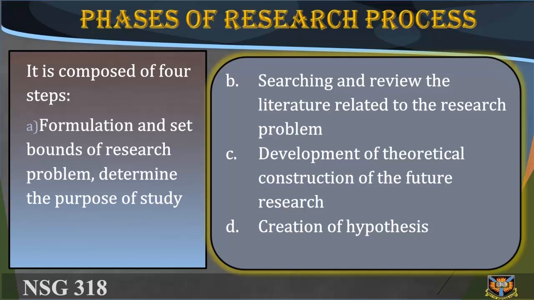It is composed of 4 steps: formulation and setting bounds of the research problem, determining the purpose of the study, searching and reviewing the literature related to the research problem, and development of the theoretical construction of the future research, including creation of the hypothesis.